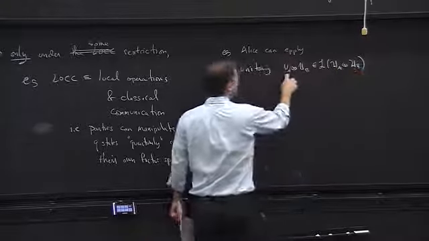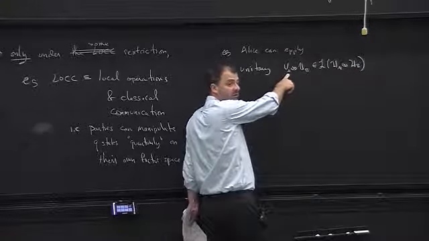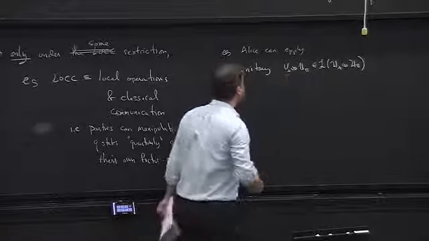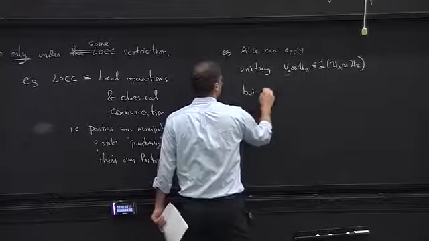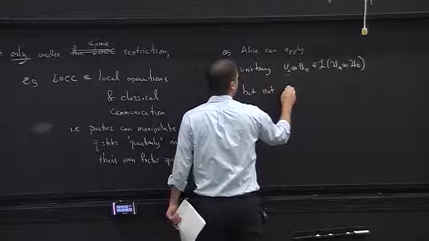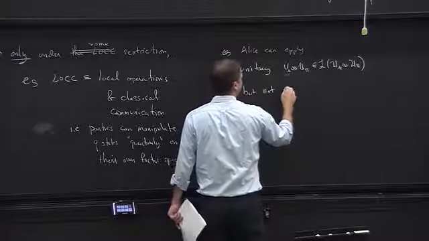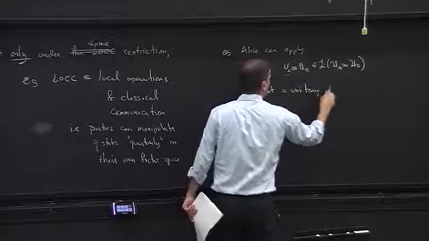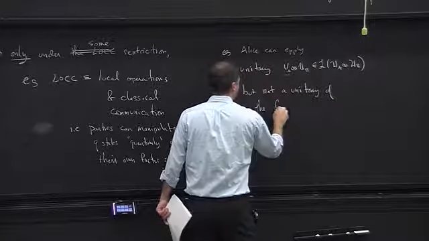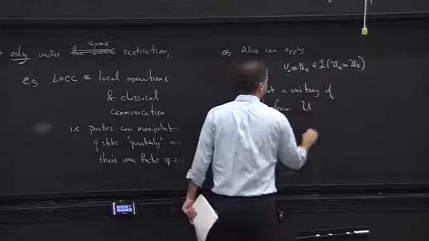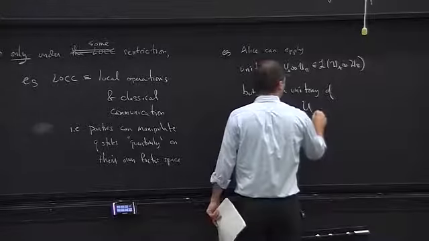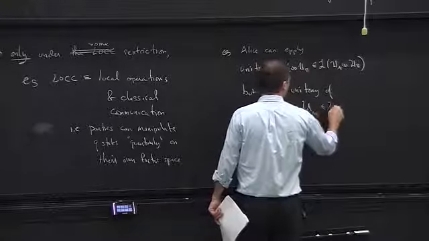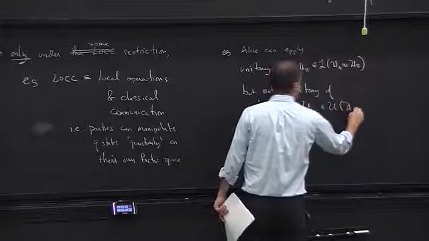So this unitary acts locally on the degrees of freedom of system A, but she cannot apply a unitary of the form U AB, an element of the unitary group on HA cross HB.